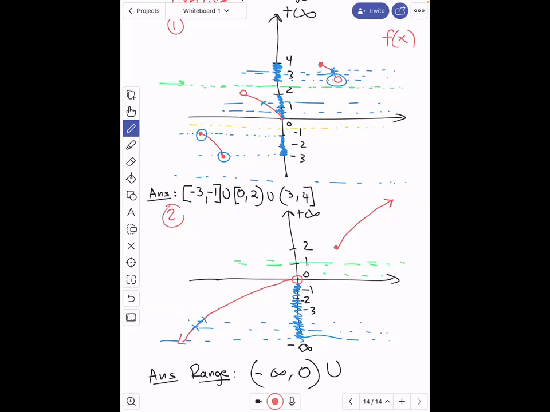If you take a horizontal line between 2 and positive infinity, somewhere in this interval, you will have an intersection. So that will be 2 to positive infinity. Positive 2, of course, is included because of this full circle, and infinity as usual excluded.